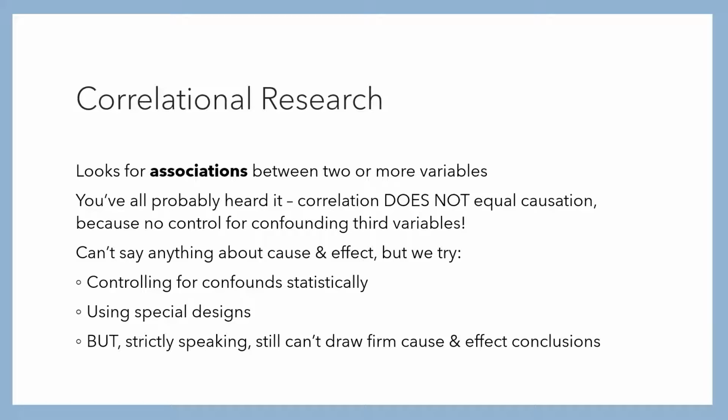Therefore, we can't say anything about cause and effect, but we can try controlling for confounds by using fancy statistics and using special research designs, which is completely beyond the scope of this course. But still, strictly speaking, we can't draw firm cause and effect conclusions when using these designs.